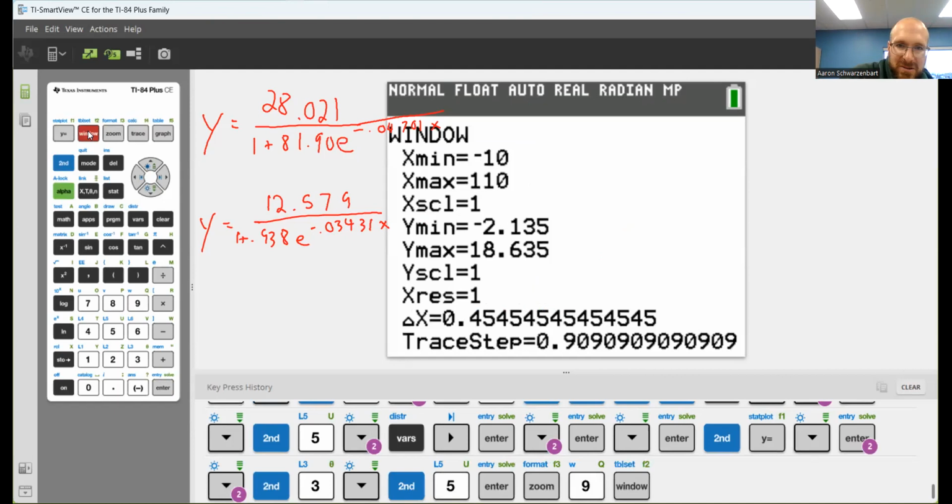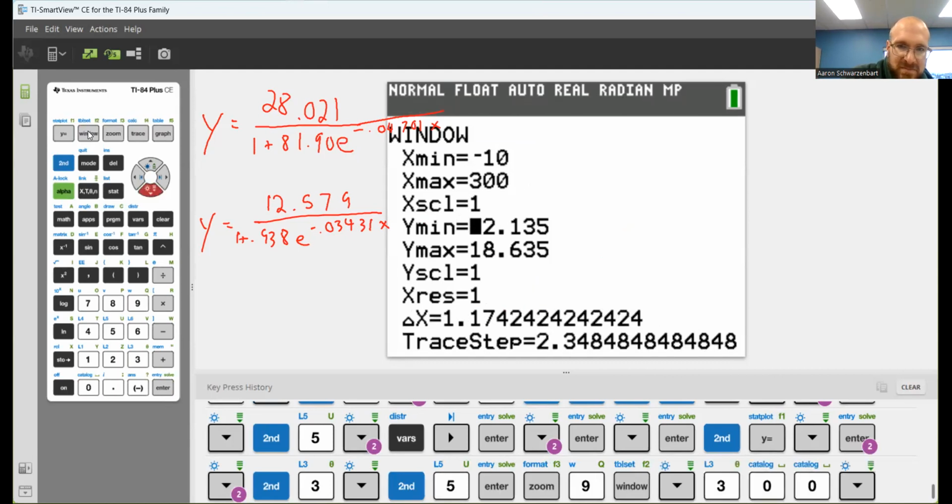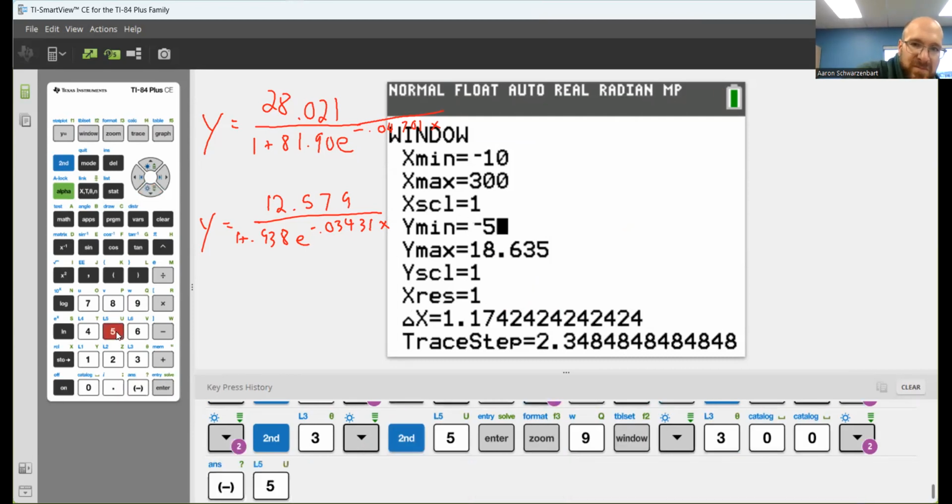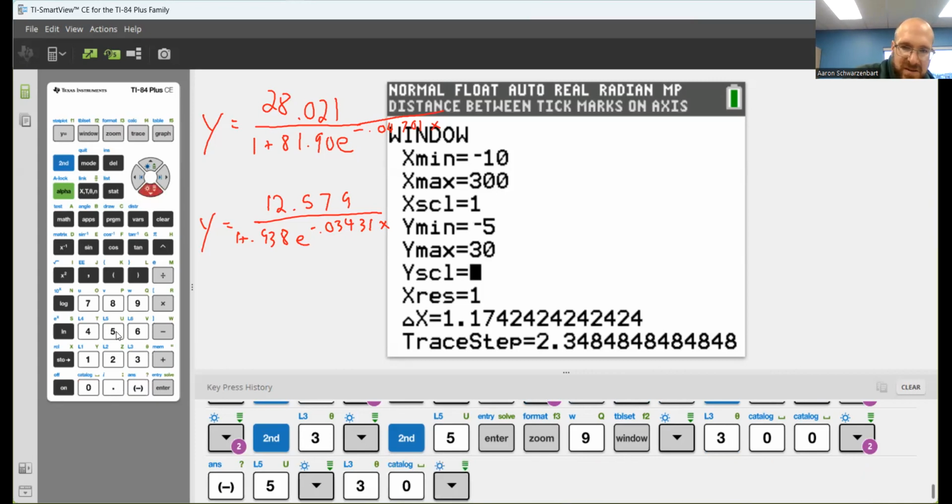I'm going to change my window. X-min. And I'm going to do the one the book used. Scale is, let's do 3.